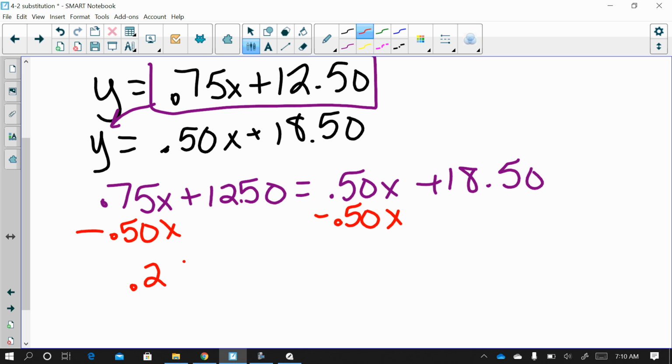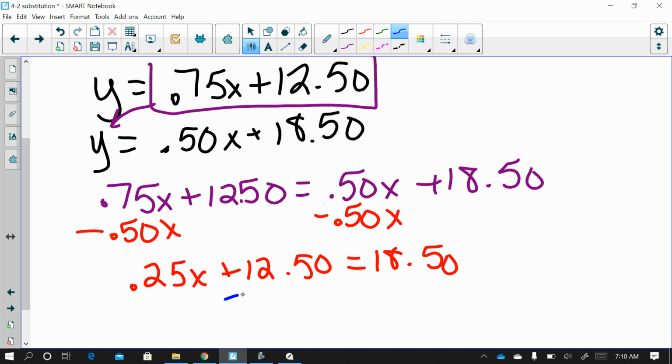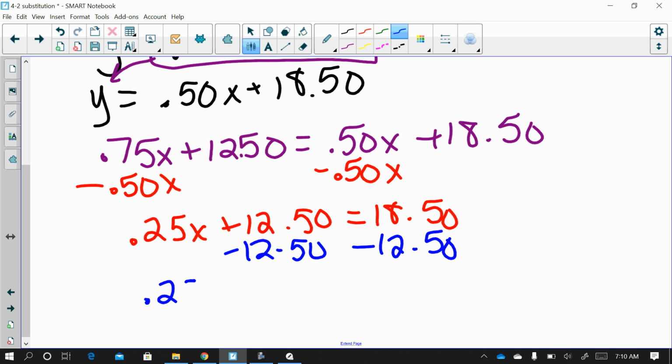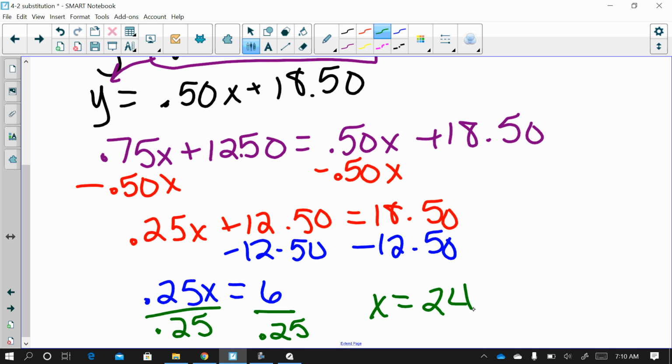Okay, so 0.25x plus 12.50 is equal to 18.50. Get all of the constants on one side. 0.25x equals 6. Divide. x equals 24. Okay, so if you ride 24 rides, it's the same cost at each amusement park.